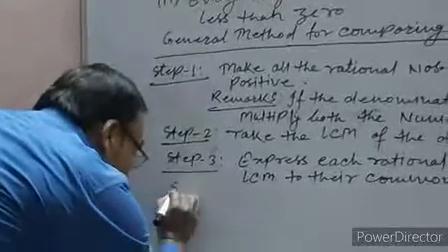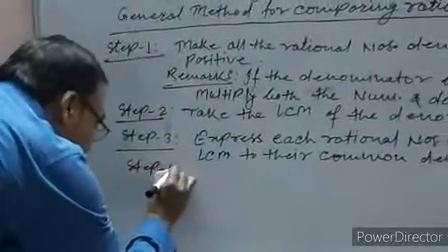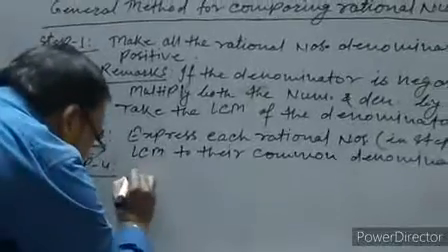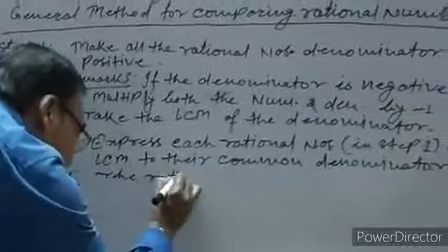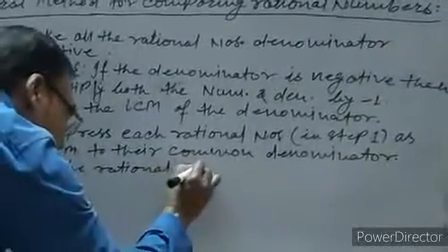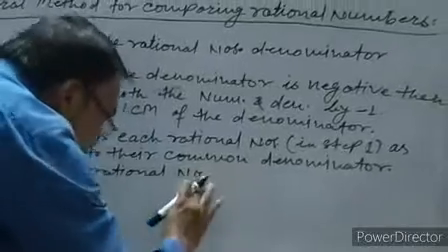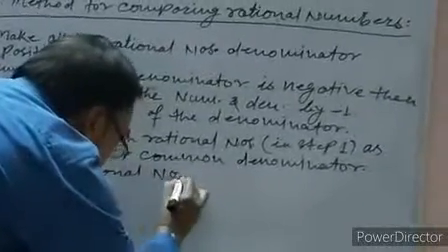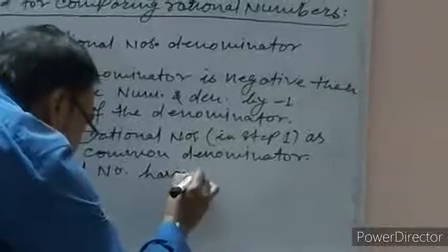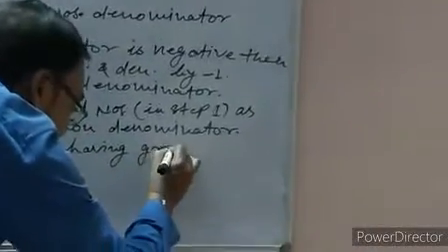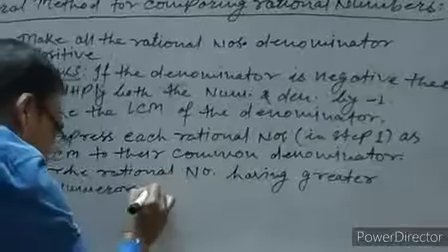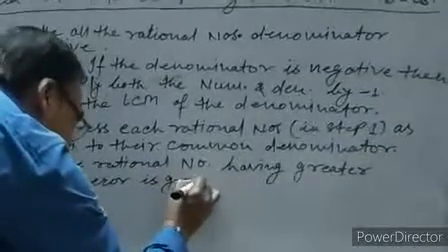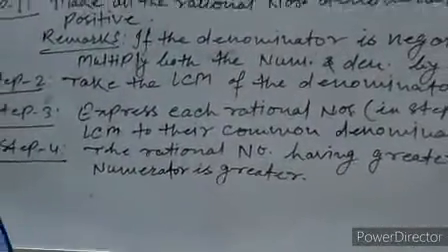And now in step 4, the rational number having the greater numerator is greater.